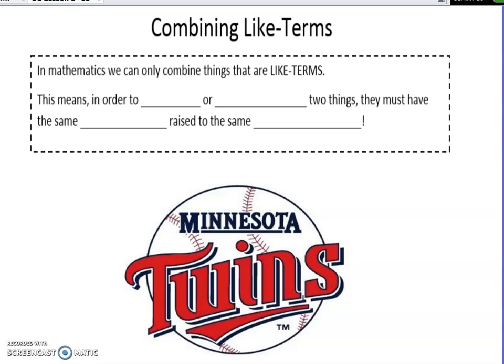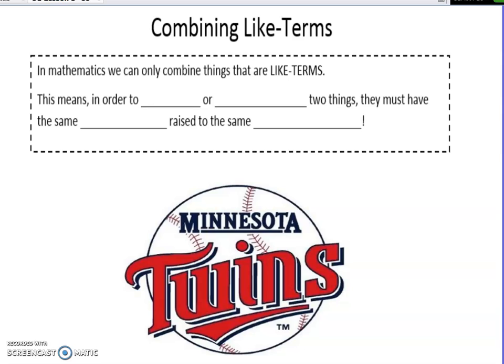All right, so now we're going to get into some problems where we are actually combining like terms. But before we can do that, we have to understand what makes 2 terms considered like terms. So it says here in mathematics, we can only combine things that are like terms.